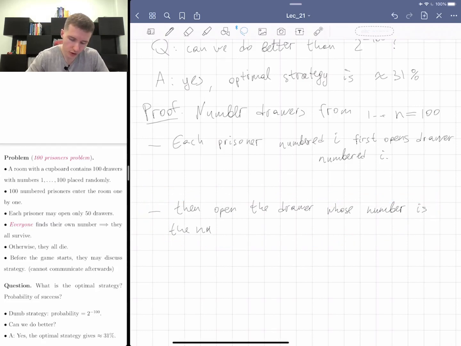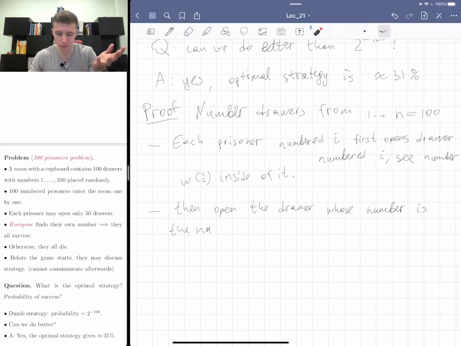So you first open the drawer numbered i, and then you see the number w of i inside of it. In other words, the distribution of 100 numbers inside 100 drawers is a random permutation, which I'm going to denote by w. So if you open drawer numbered i, then you see w of i inside of that drawer.